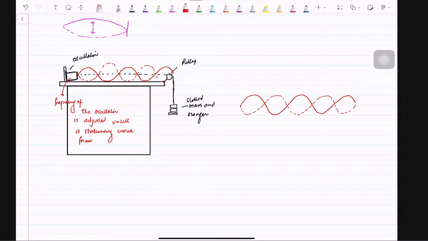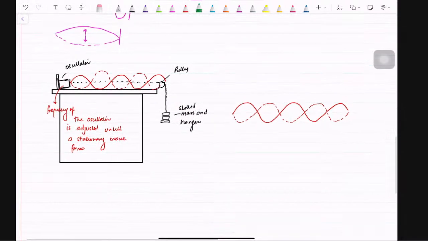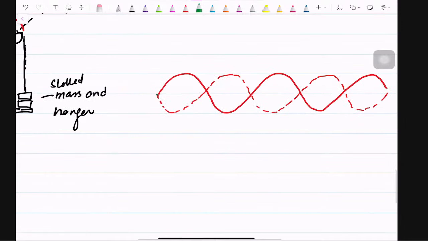You should understand that these points that you see right here are called nodes. Then the center ones which vibrate the most are called antinodes.